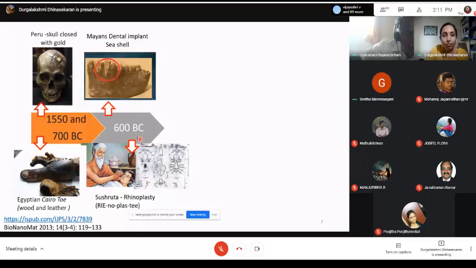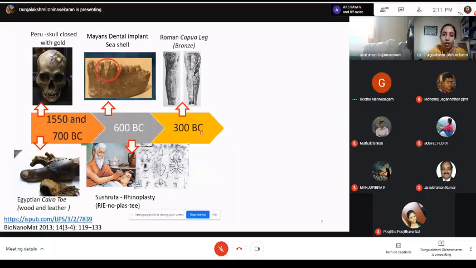And in the same duration, we also have archaeological evidence of using natural seashells as dental implants by the Mayans.